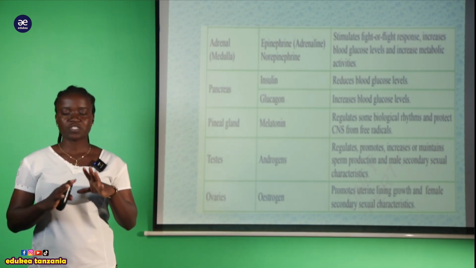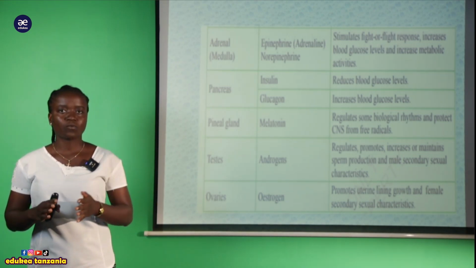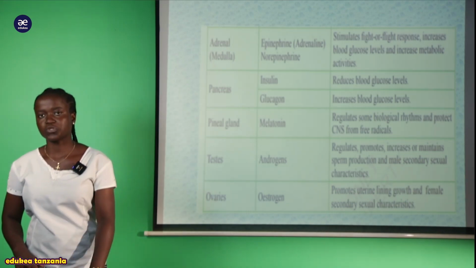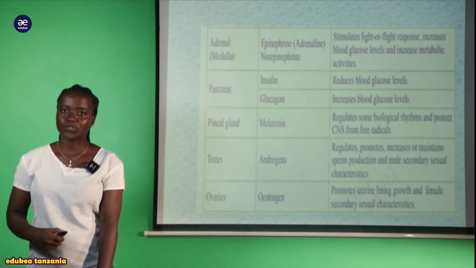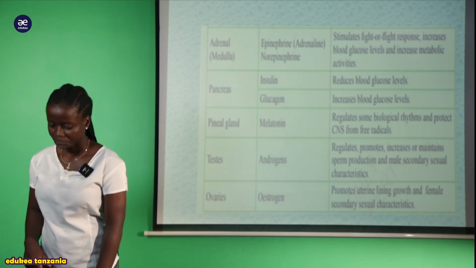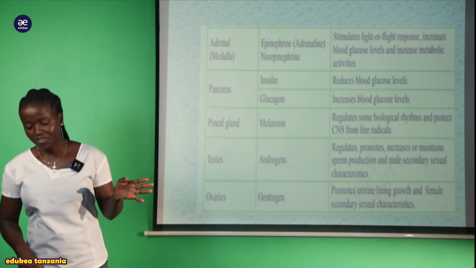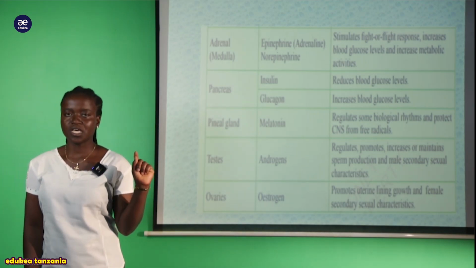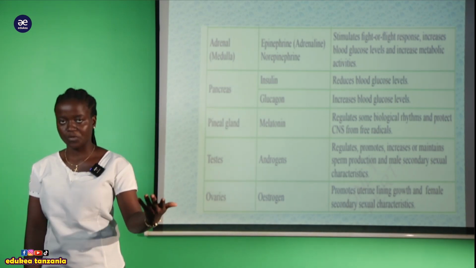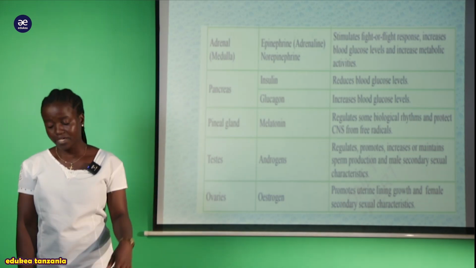A person has a soft voice and broader hips due to the presence of this estrogen, which is produced within the gland called the ovaries. So my students, those are the hormones and the glands and where they are located and the function of each hormone that I have explained to you.